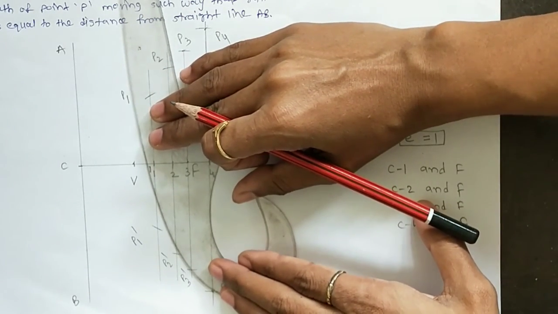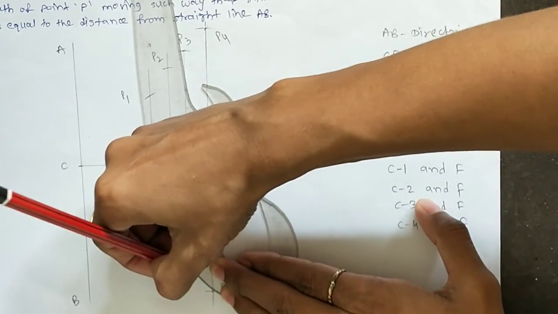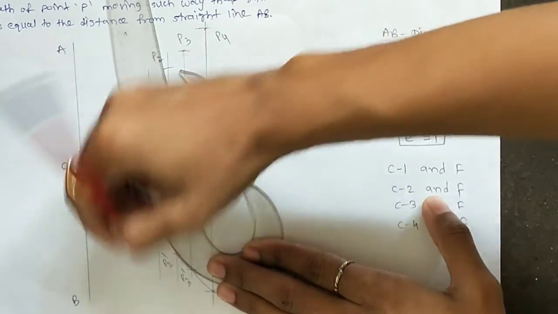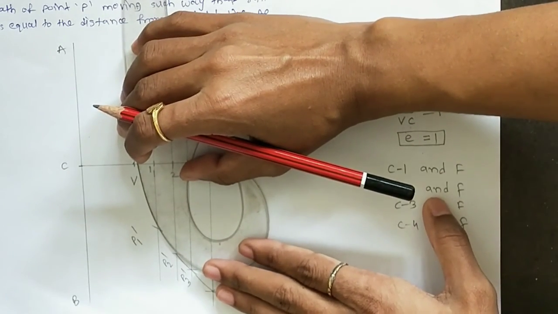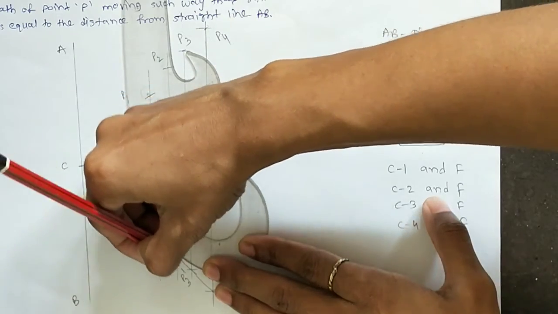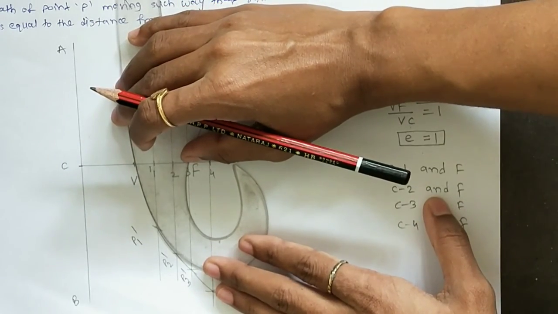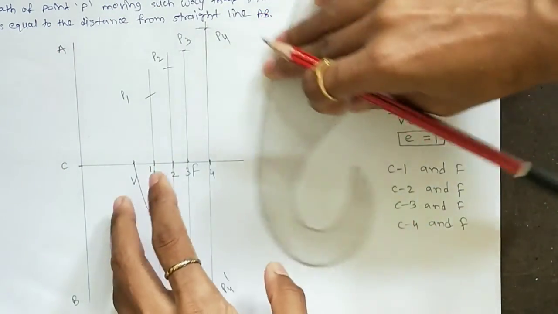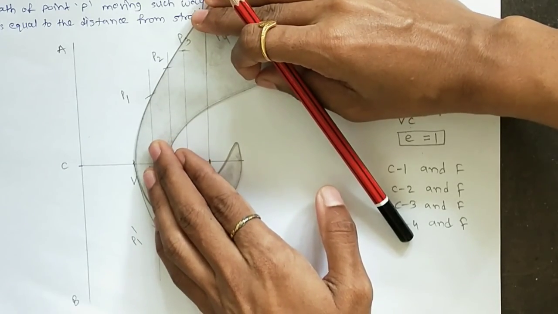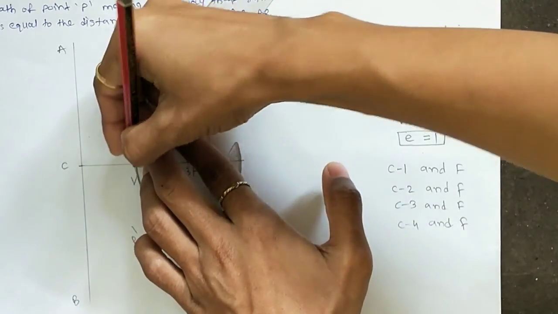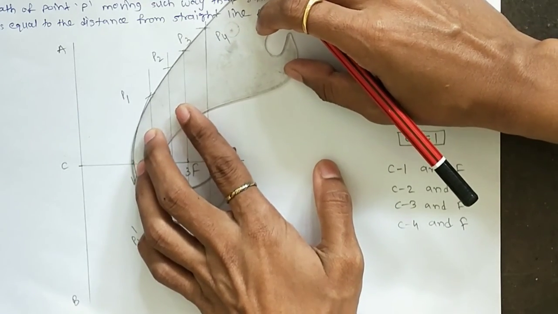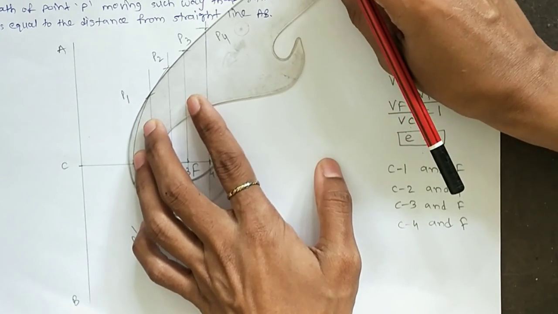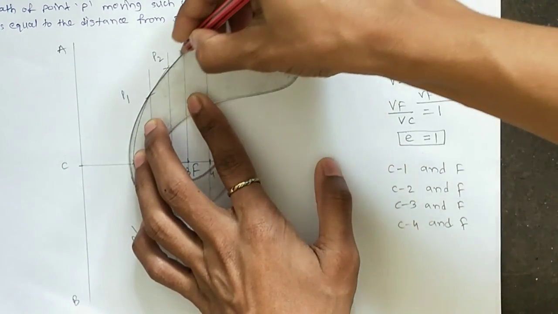So first I will join P4 dash and P3 dash, then P3 dash and P2 dash, then P2 dash and P1 dash, and P1 dash to point V, and similarly join V to point P1, then P1 to point P2, P2 to point P3 and P4.